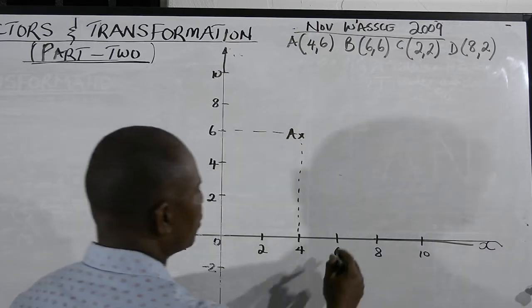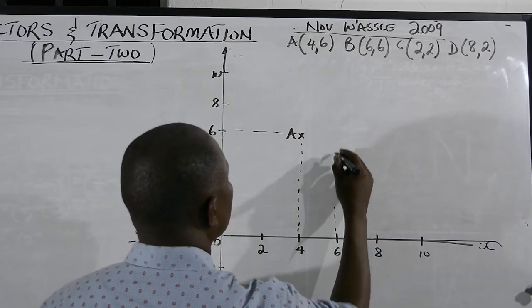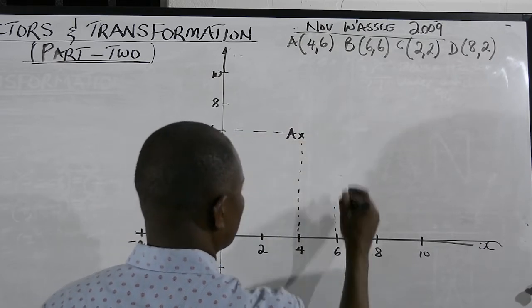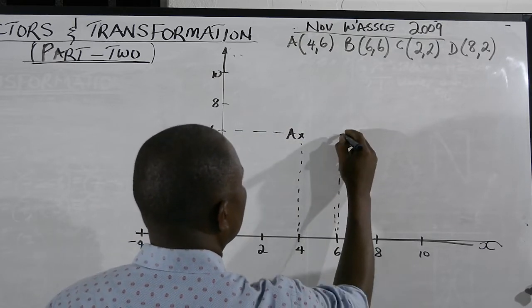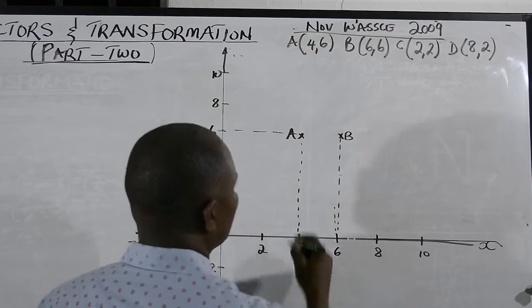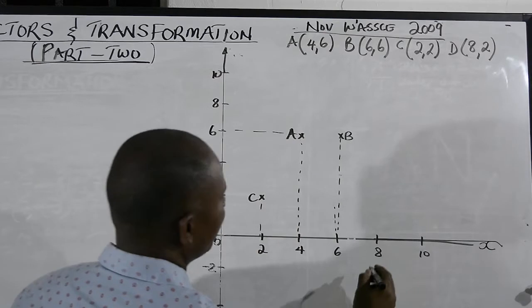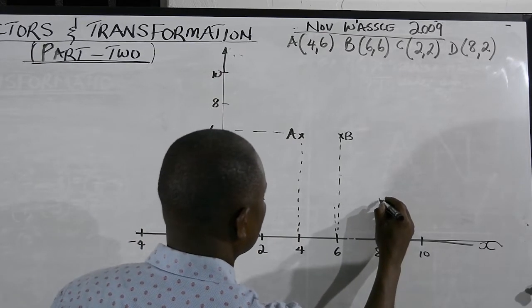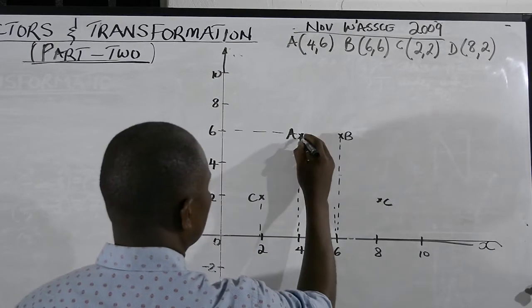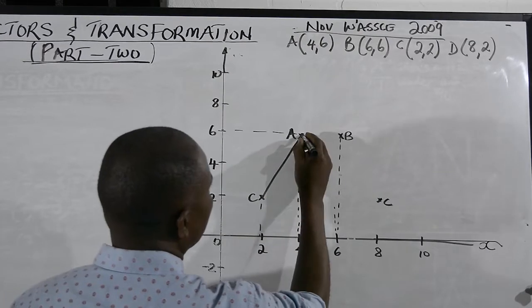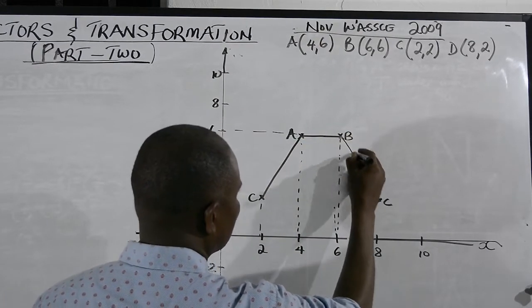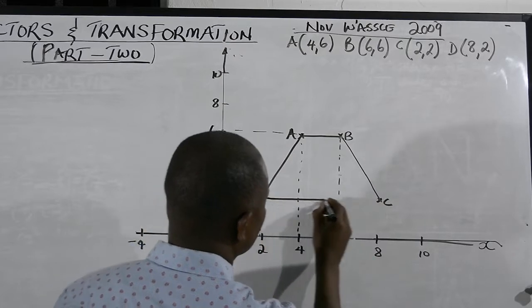So B is 6, 6, C is 2, 2, and D is 8, 2. You can now draw it, a 4-sided polygon, that is a quadrilateral.